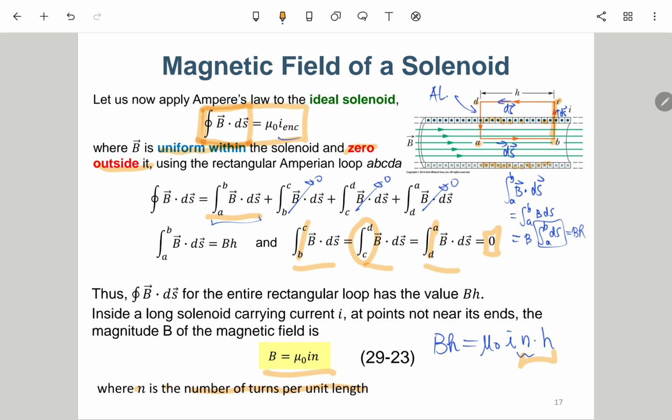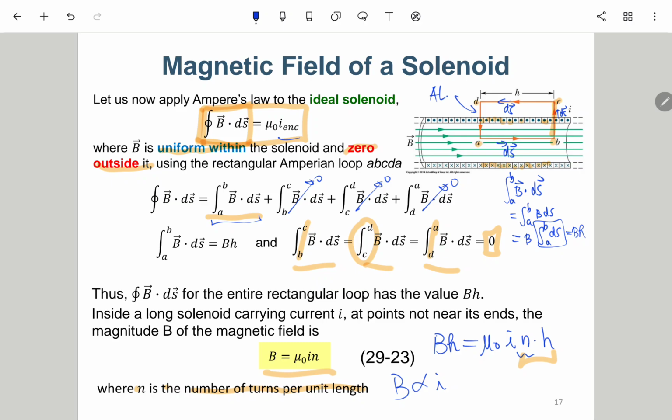Mu 0 is a constant, 4 pi times 10 to the minus 7, and then I is the current. We assume you can control the current, so the B field is proportional to the current. And n depends on the geometric shape, on the turn density.